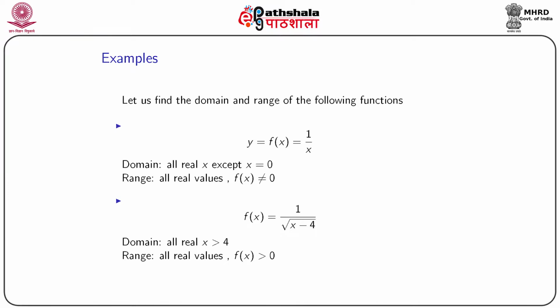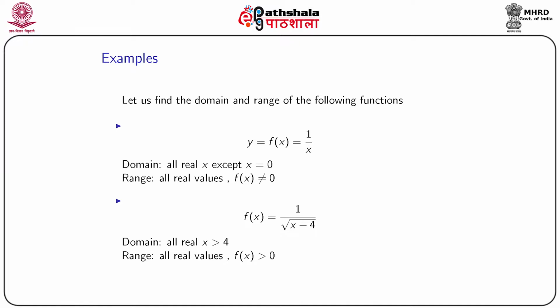So y, that means f(x) cannot be 0. Now if we consider another example where f(x) is 1 over square root of x minus 4. Now we know that to define a square root, the quantity must be non-negative because I am talking about real values.